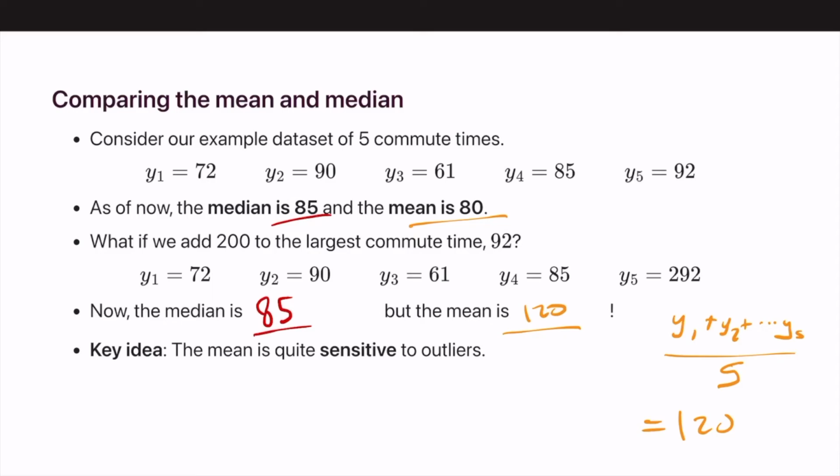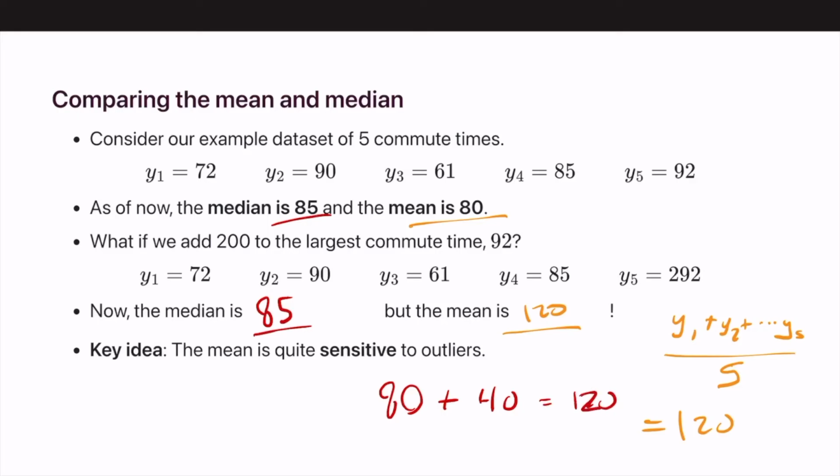But really, when we think about what has happened, we haven't just increased one value and thus the mean has gone up. By doing this, we've increased the average of all of the data points. And what I mean by that is if we take the old mean, which is 80, and we go ahead and add 40, we'll get 120. Where does the 40 come from?